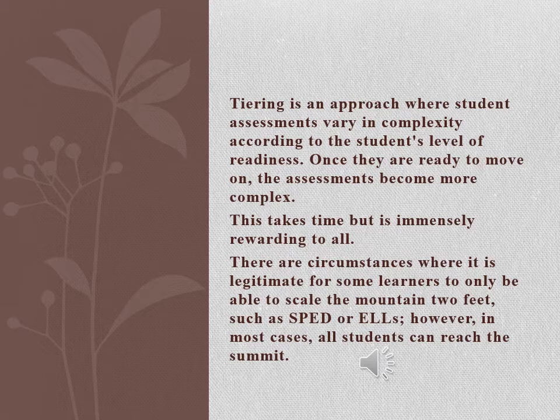However, in most cases, all students can reach the summit. This is not to imply special education or English language learners should receive a less rigorous or challenging curriculum. It is simply to acknowledge that there can be extreme differences in background knowledge, academic readiness, and in some cases, cognitive disparities.